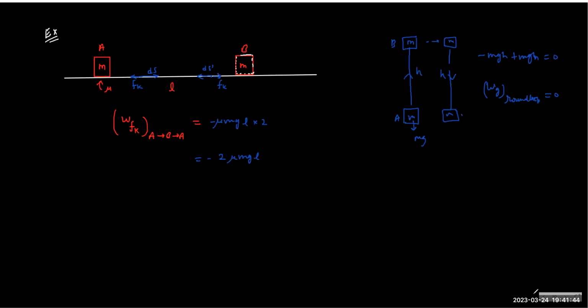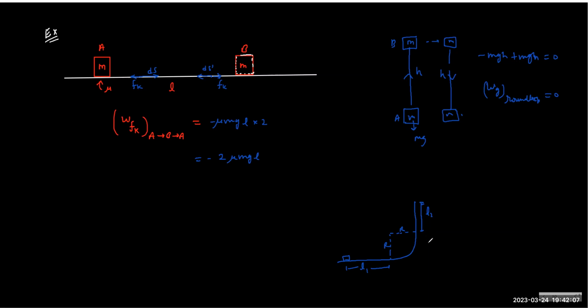Yes, sir. So let's say I have a block, and this is a quarter arc. You have a block which you throw. This is L1, this is R, this is L2.